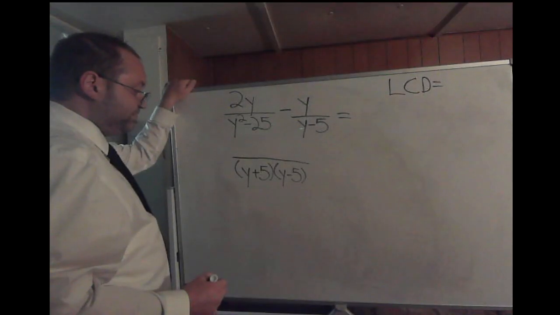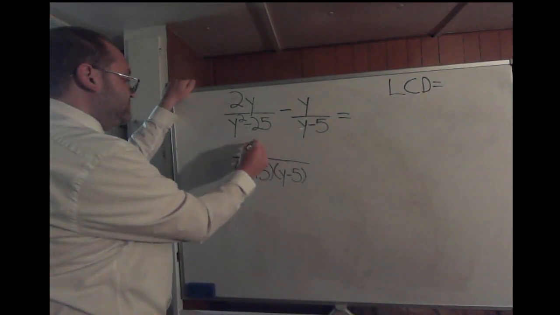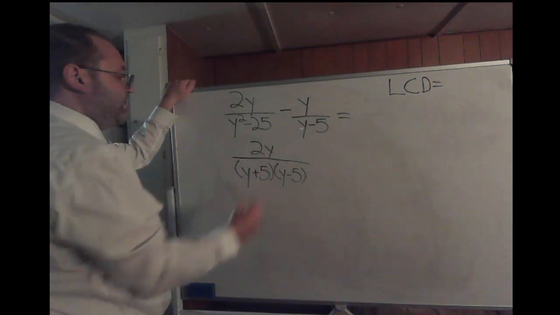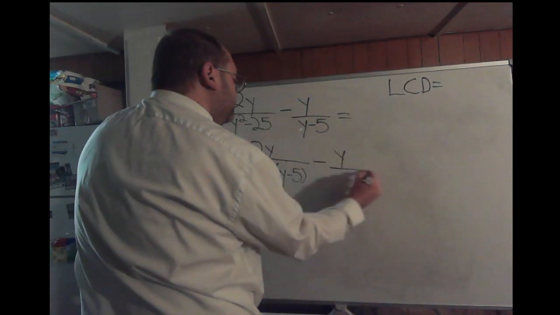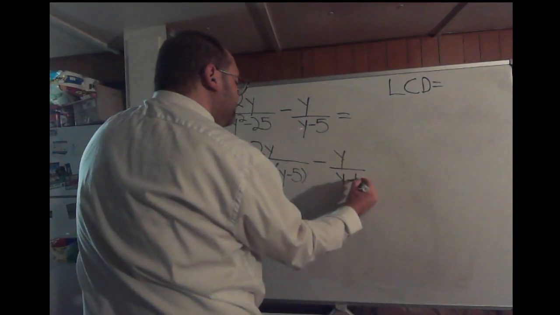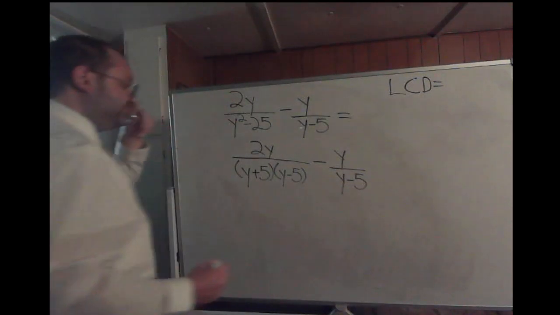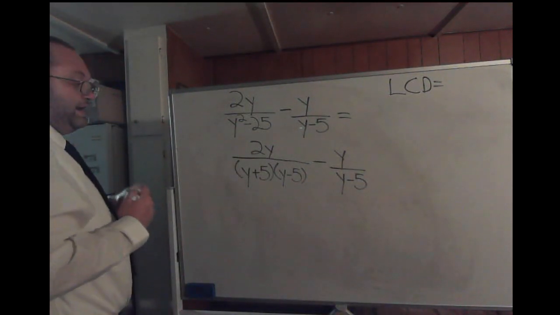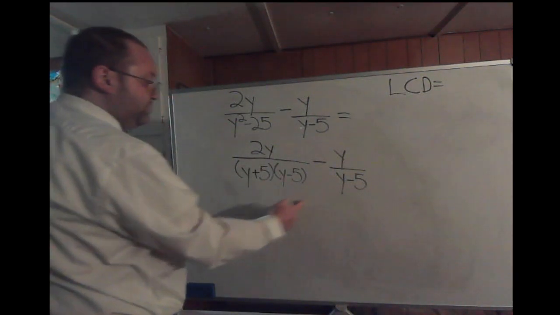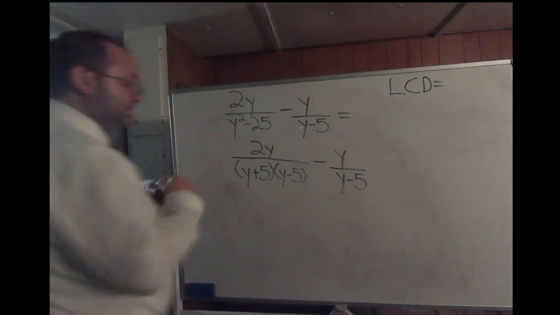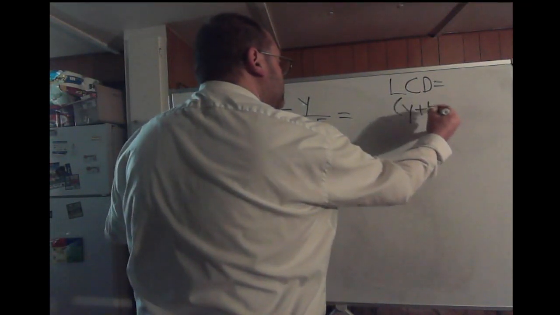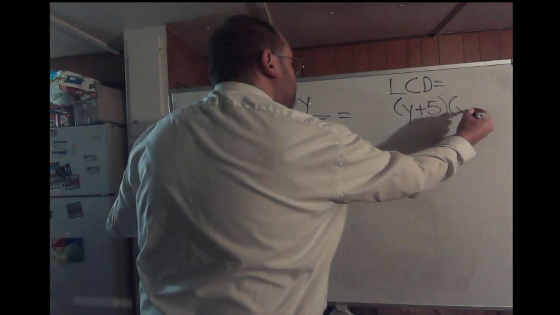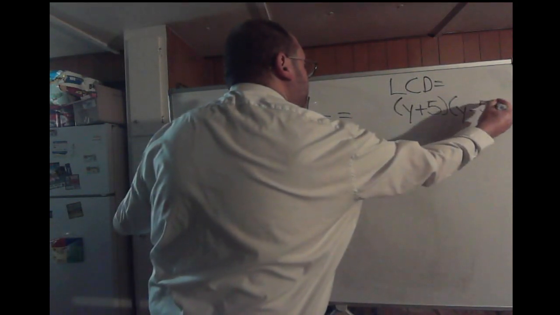Well, let's see, you'll still have that 2y in the numerator. Then you have minus y all over y minus 5. Okay, well we have two different denominators, but I think it's plain to see in this case your least common denominator should be y plus 5 times y minus 5.